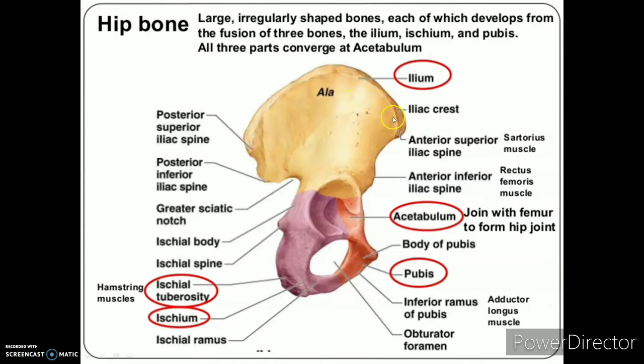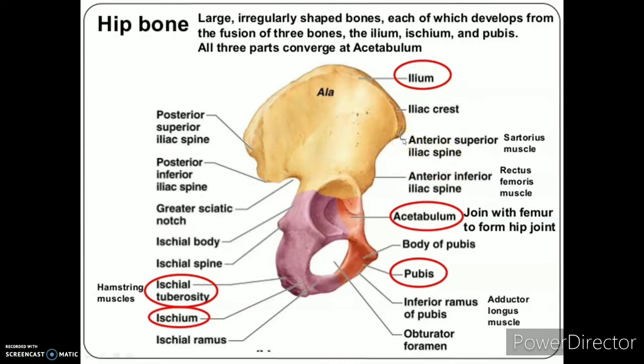In the ilium, you can find some protruded areas, which are known as the iliac spines. They have two parts again, the superior and the inferior. Superior means upper, inferior means lower. So the anterior superior iliac spine is at the front.